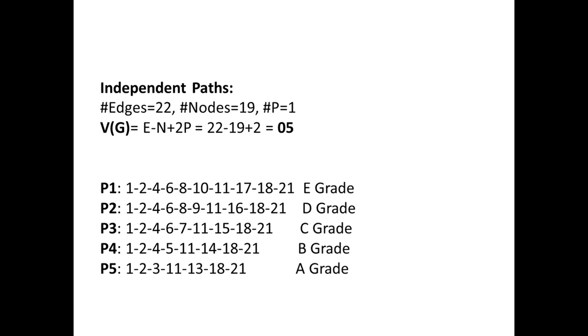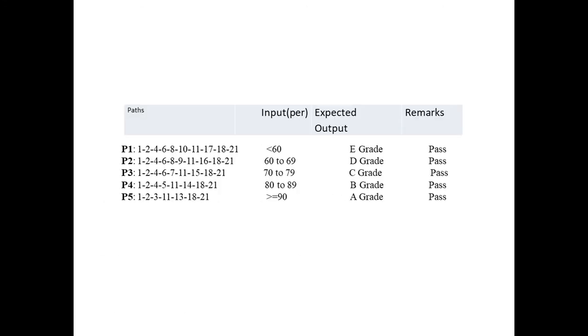Now using these paths, you need to write the test cases. For this path, whatever percentage you give as input, if it is less than 60, you should get E grade and remarks as pass.